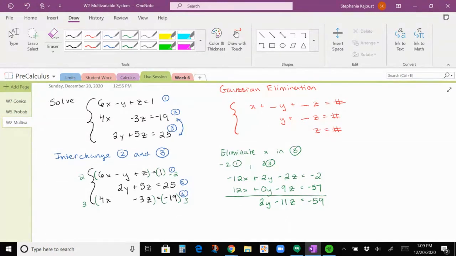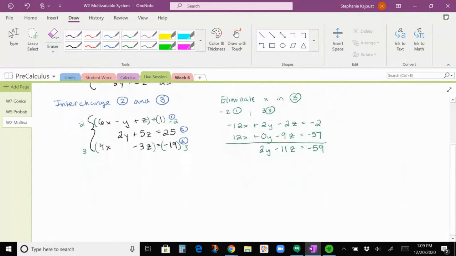We're going to be basically putting that in that last slot. So now I'm going to rewrite my system. The first equation is untouched. Second equation is untouched. And now our third equation is different.